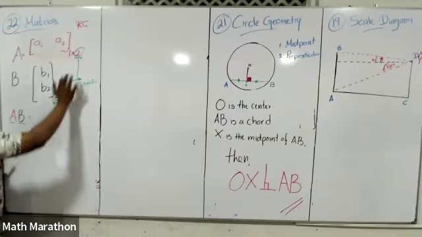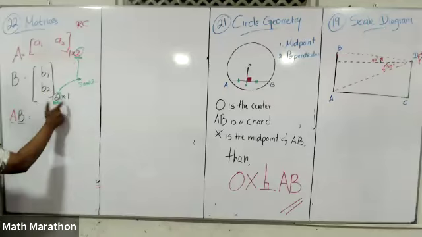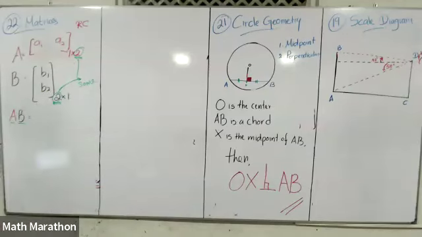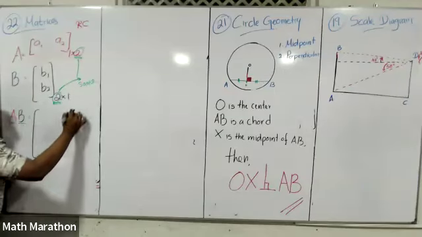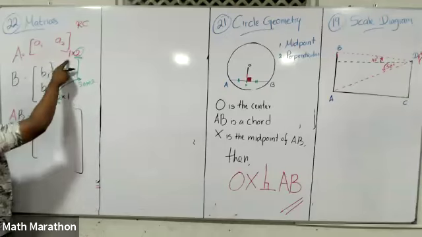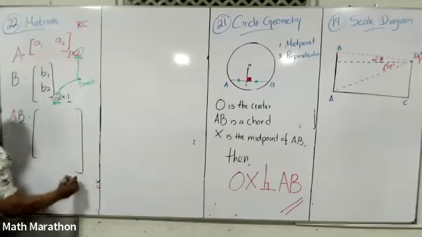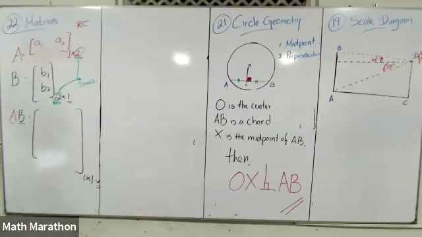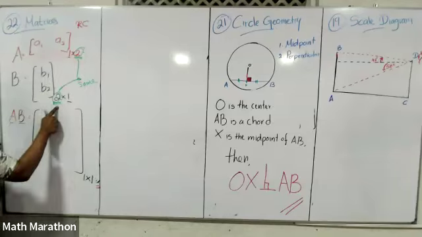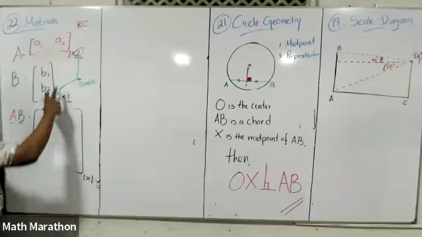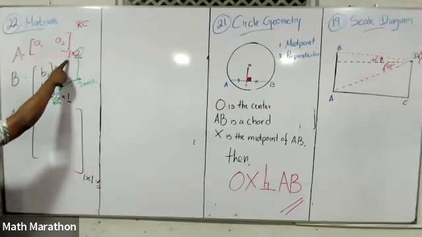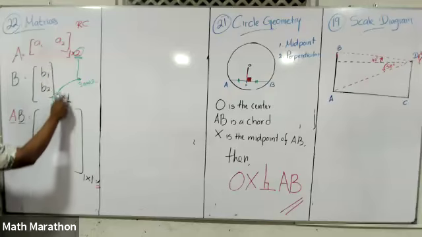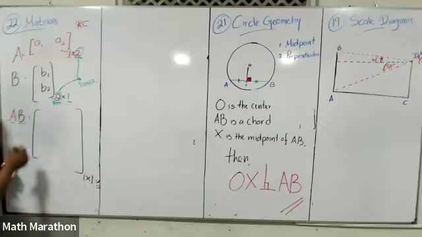To multiply, the number of columns and number of rows has to be the same. After you multiply, the remaining number of rows and number of columns will be the answer you get, here 1 by 1.